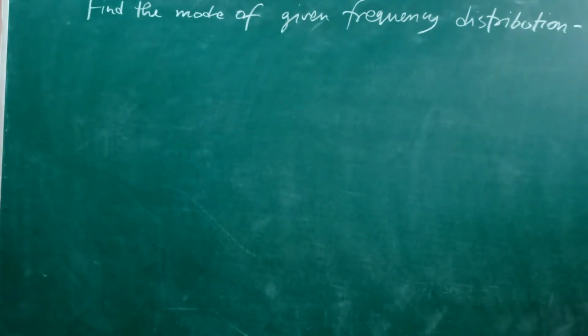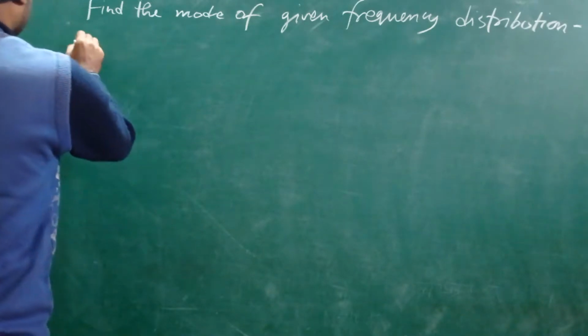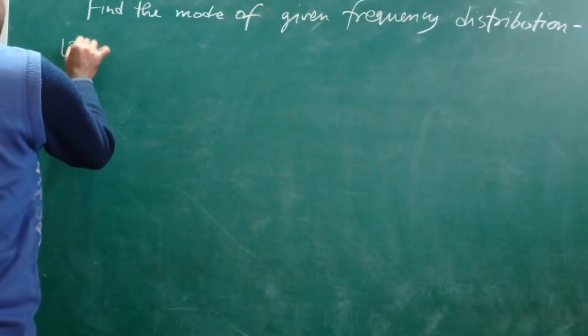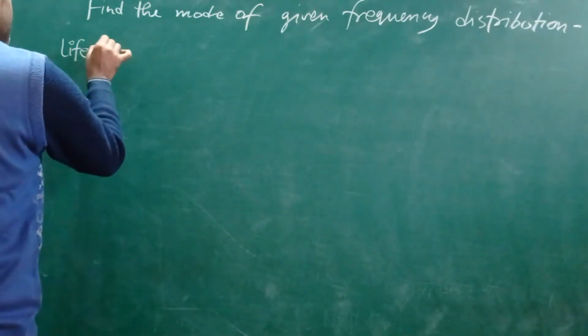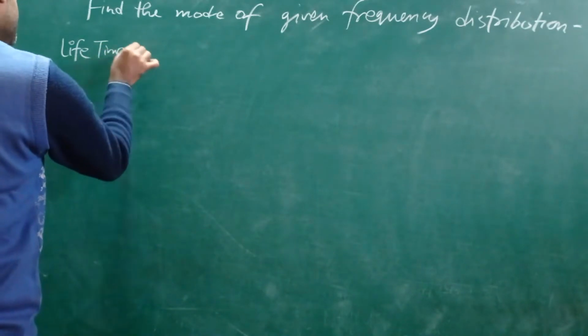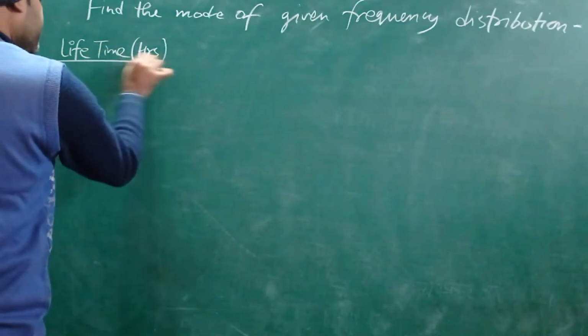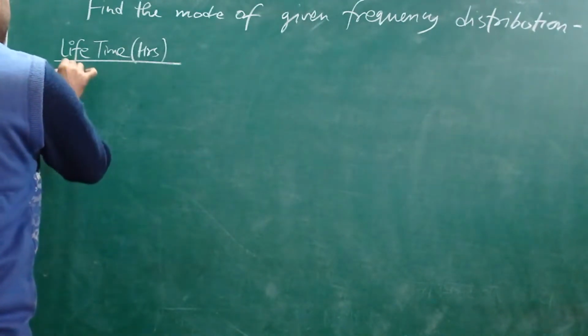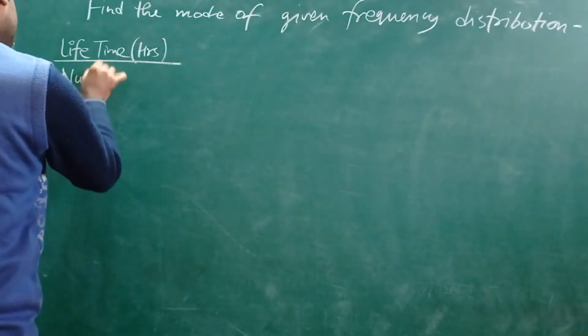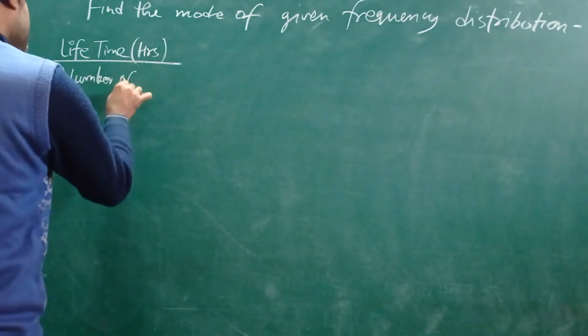So in this problem, we will take the data of the lifetime of some electric appliances. Their lifetime is in hours, and in the second row we will take the number of electric appliances, meaning their frequency.